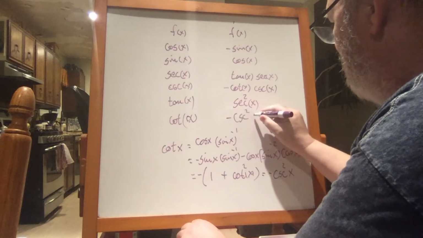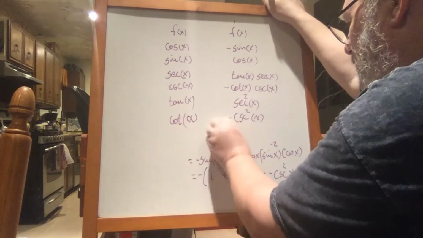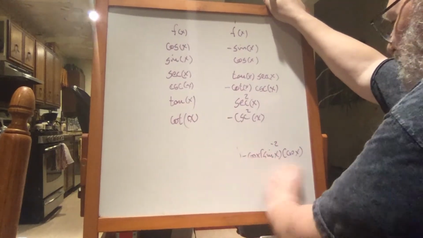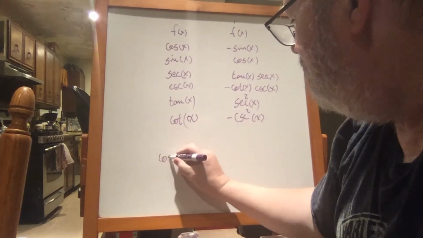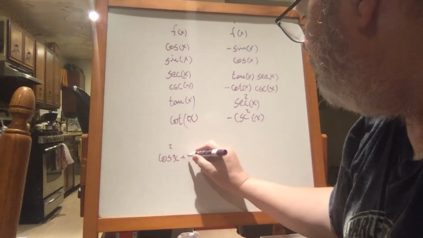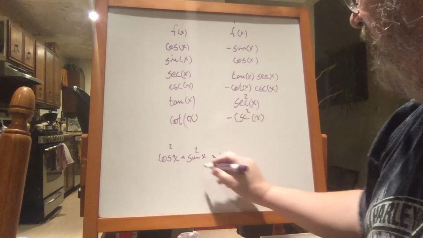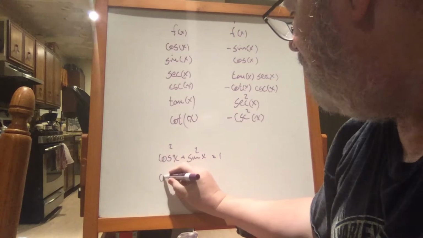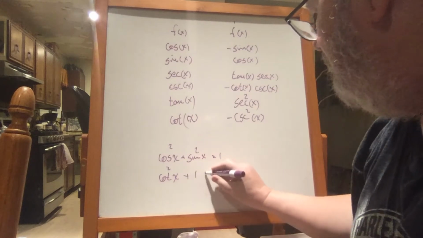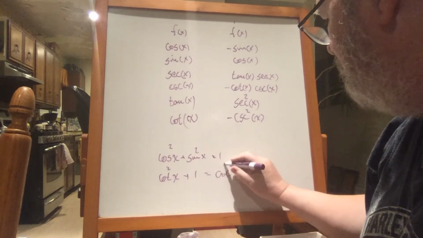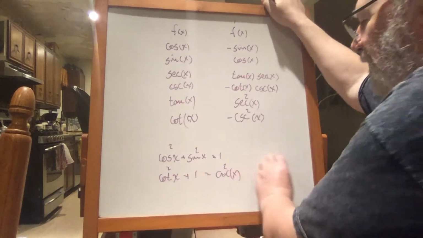And we're just going to make sure that that's the case, because we have, again, cosine squared of x plus sine squared of x equals 1. All right, divide through by sine squared of x, and we've got cotangent squared of x plus 1 equals cosecant squared of x. So we're right. It's the minus cosecant squared of x.